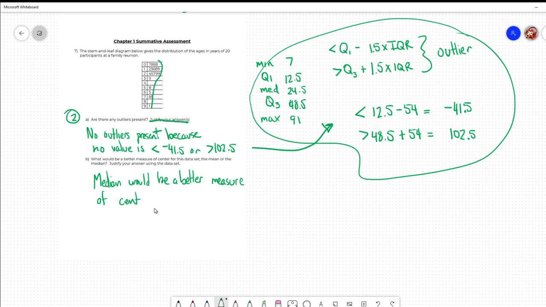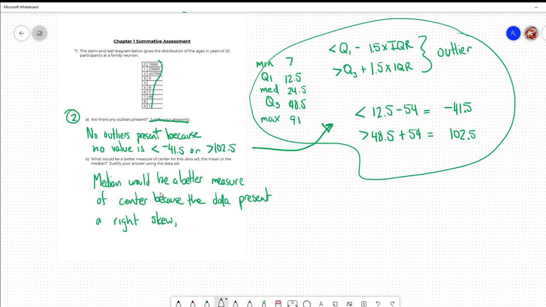Justify your answer using the data. So it would be a better measure of center because the data presents a right skew. You can talk about it a couple different ways.